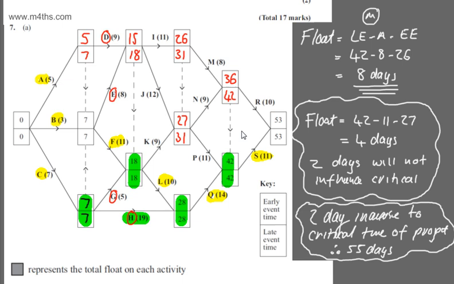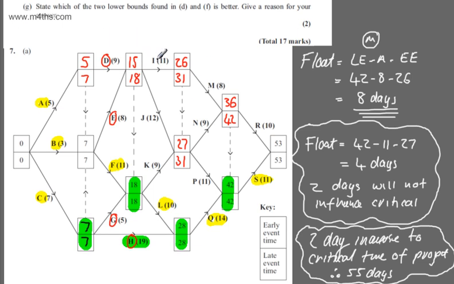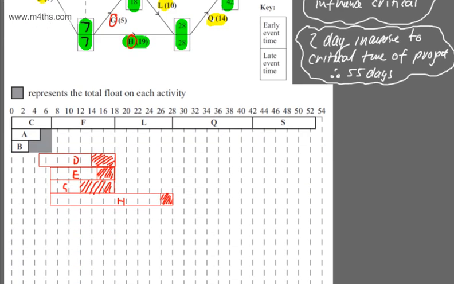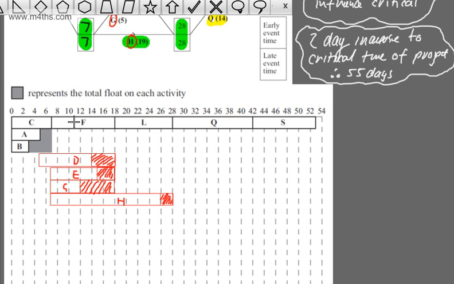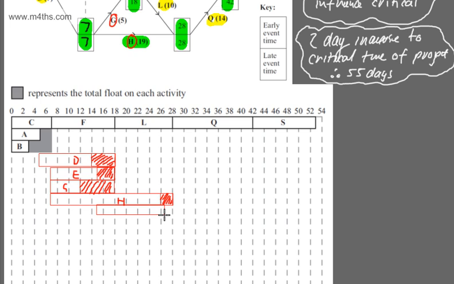Now we're going to look at I. We've got 15, 26, 31. So where's 15? 15 is going to be there. And we'll try and make that accurate. 26, and this goes out to 31. So that's about as good as it's going to get.